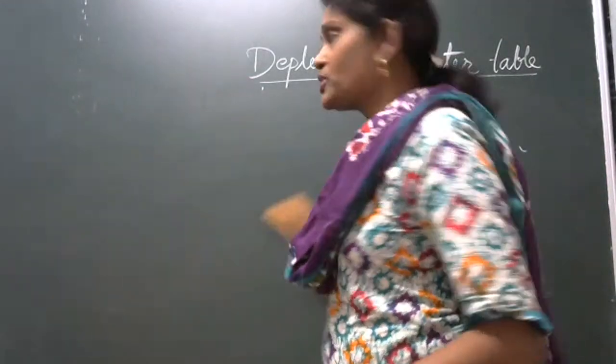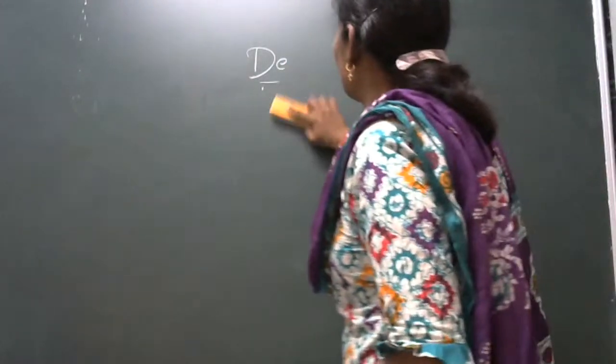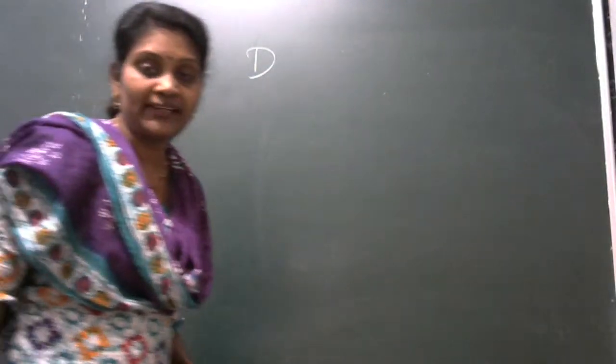Water का distribution कैसे है? Distribution of water on the earth. What kind of distribution? Yes, Alice is saying uneven. Correct. Good. So it is uneven, isn't it?